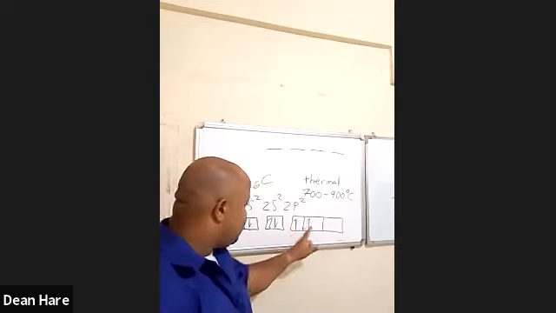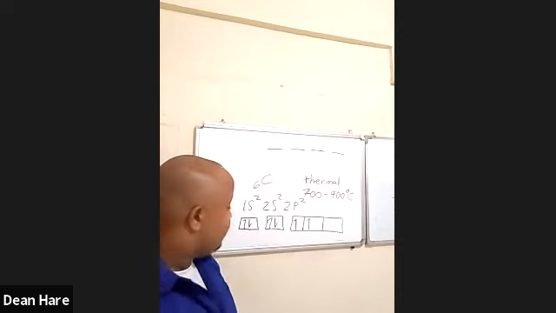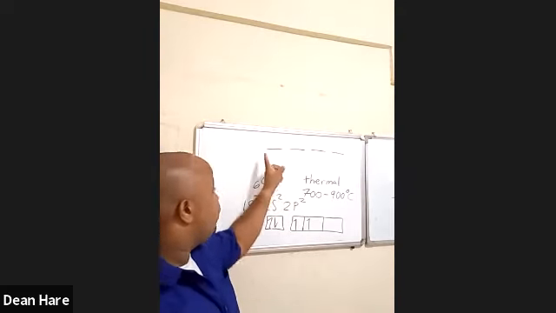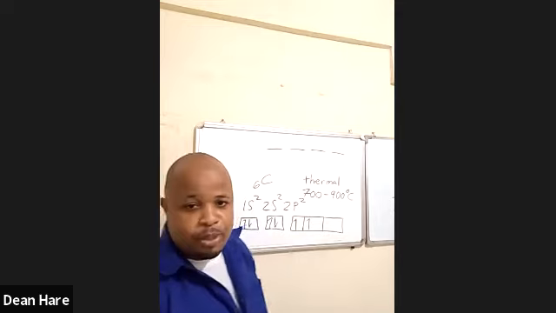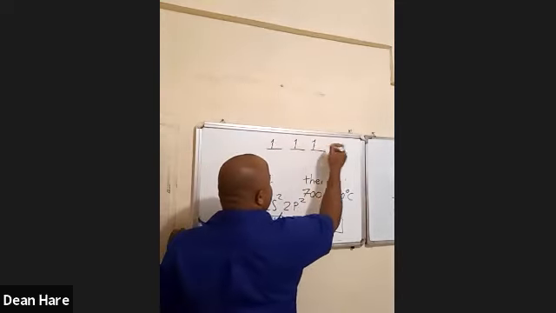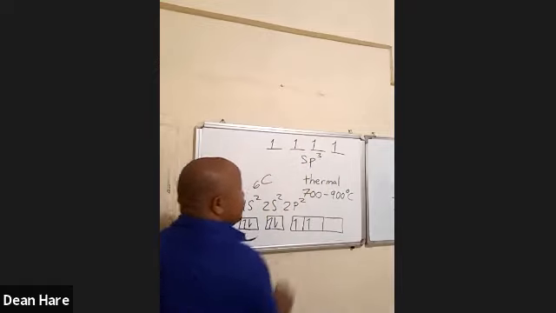So if it only has 2 electrons, it should form 2 bonds. However, when the 2p and the 2s hybridize, we get 4 new hybrid orbitals, each of them with an electron. And this is sp3 hybridization.